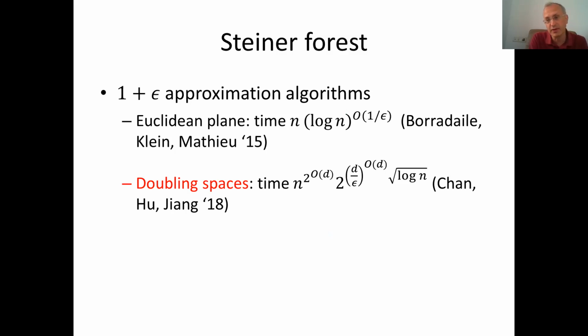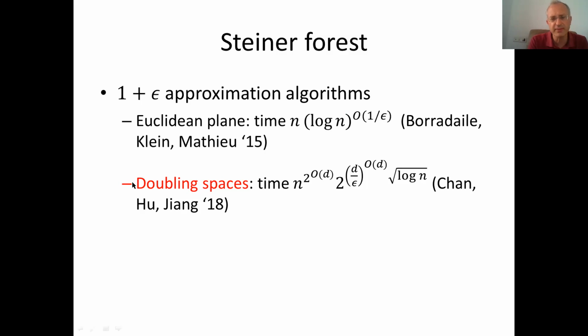They suggest their construction can be extended to d-dimensional Euclidean spaces, but there are a lot of non-trivial problems that one encounters when one tries to do that. And in fact, Chan, Hu, and Jiang extended it all the way to doubling spaces, which subsume within them d-dimensional Euclidean spaces.